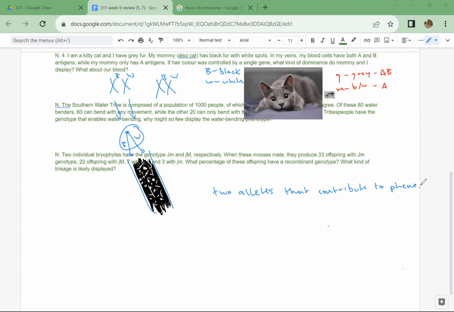Two alleles that contribute to the phenotype, and their combination, when they both work in concert, and when concurrently expressed, so expressed at the same time, an intermediate phenotype, or a phenotype intermediate to the alleles that when expressed entirely are opposites, like black and white is opposite.